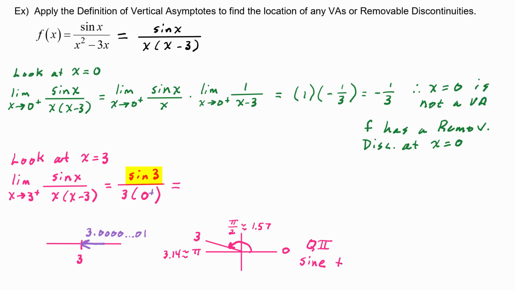So that means that sine of 3 is a positive number. So we have a positive in the numerator, a positive 3 in the denominator, and this 0 plus, which tells us that's going to go to positive infinity. Because our one-sided limit went to infinity, therefore x equals 3 is a vertical asymptote.